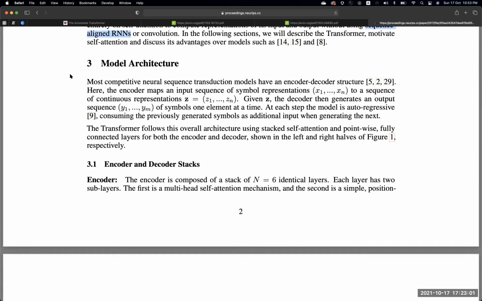Moving on to the architecture now. It mentions that the transformer is going to have encoder-decoder structures, like every other architecture. We'll go over the encoder and decoder, but before that, it mentions that after the encoder and decoder sublayers, there are fully connected layers.